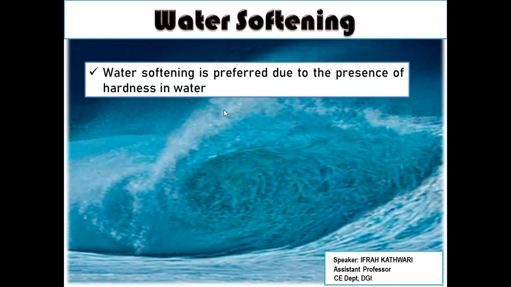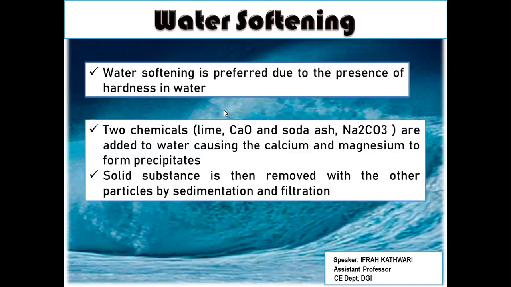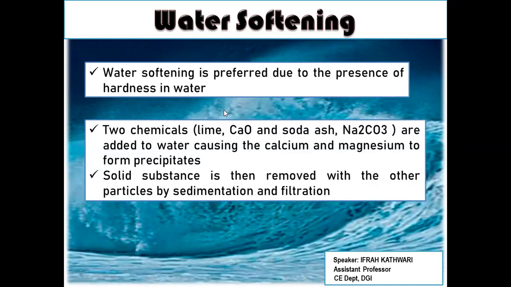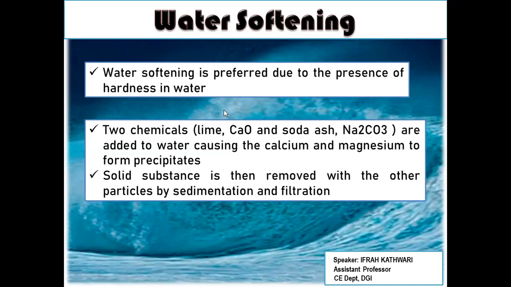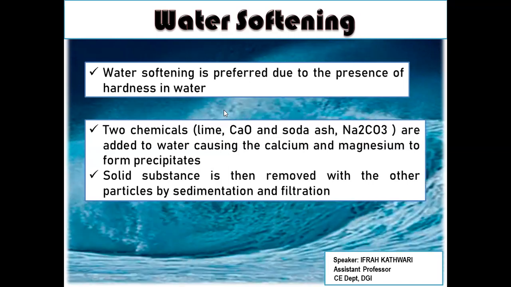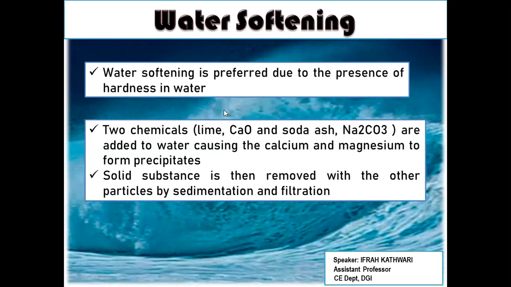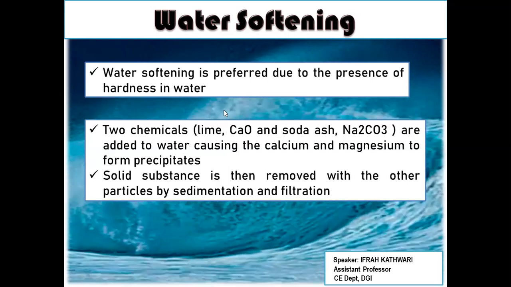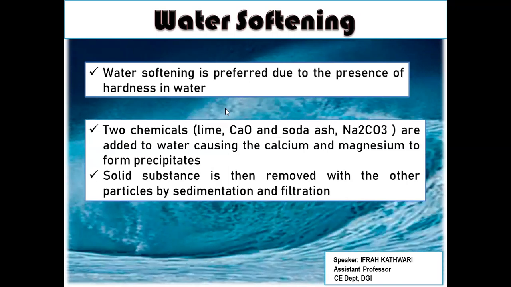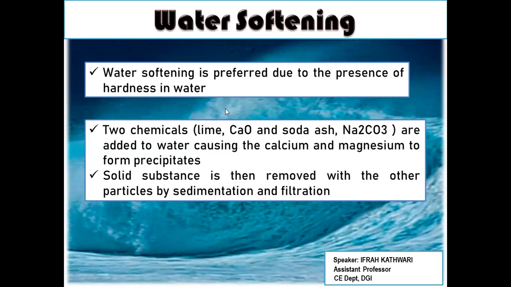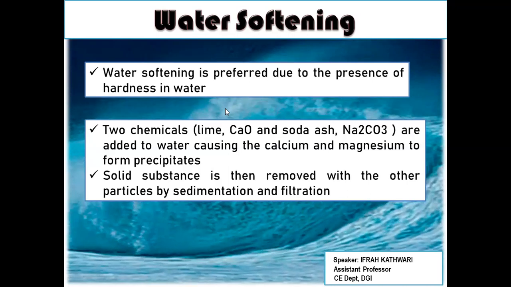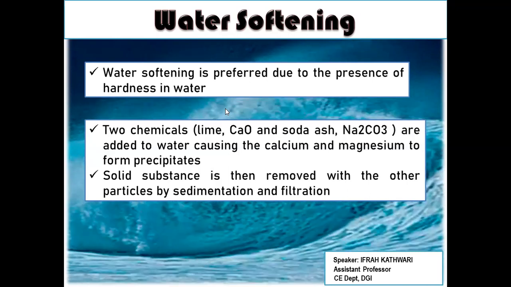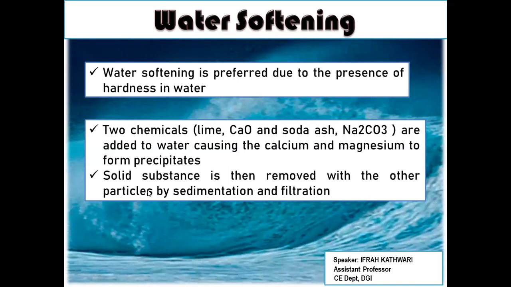So what do we use as water softeners? We use two chemicals: lime, calcium oxide, and soda ash, or sodium carbonate. These chemicals are added to water, wherein the calcium and magnesium form precipitates.